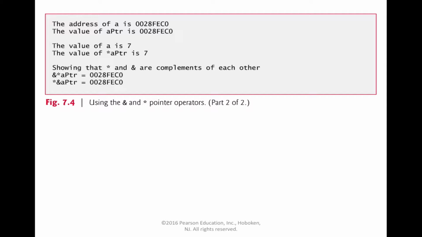This is just to show you that you can do it, and it doesn't matter which order you do it, you're going to get the same thing, and that is the address of that pointer. The big thing here we're going to want to know is how to assign memory addresses to a pointer, and how to get the values back from those memory addresses of that pointer.